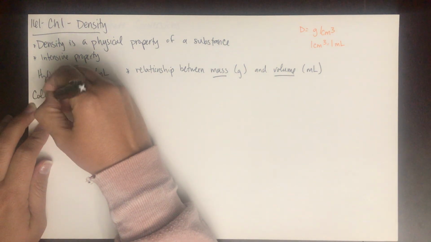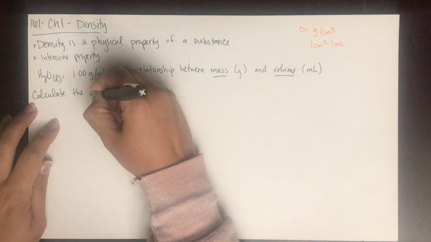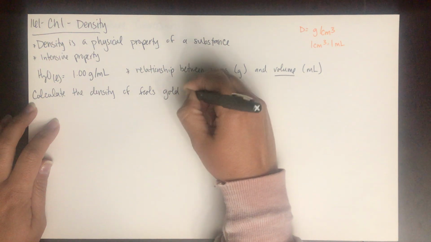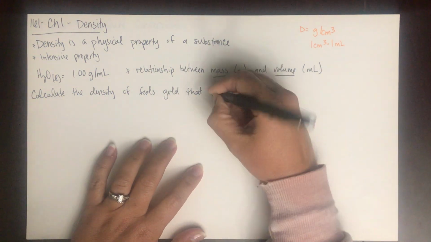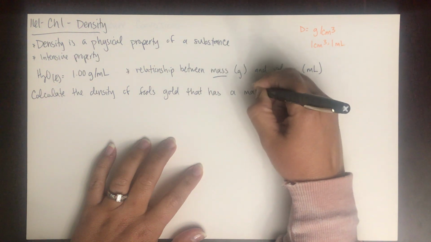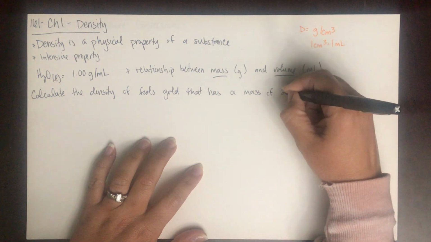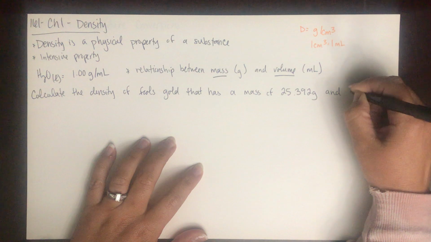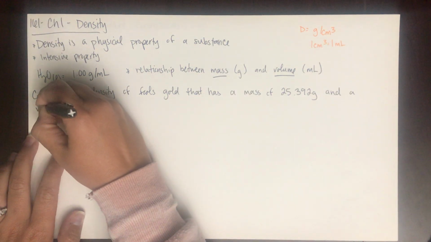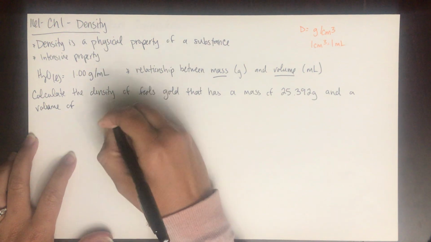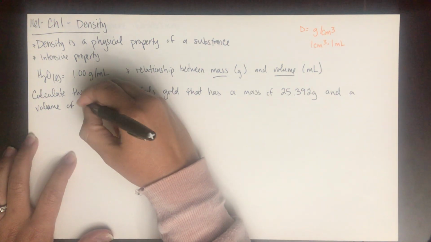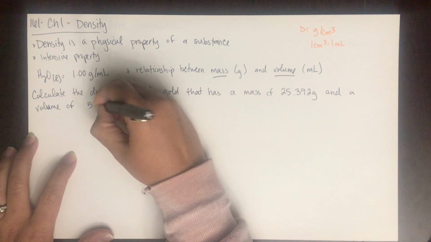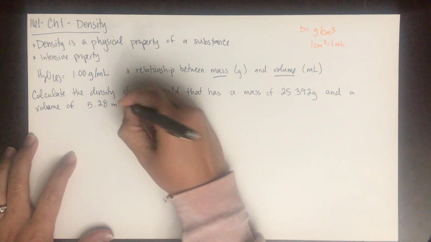Okay, so let's say I want you to calculate the density of fool's gold that has a mass of 25.392 grams and a volume of, let's say, 5.28 milliliters.